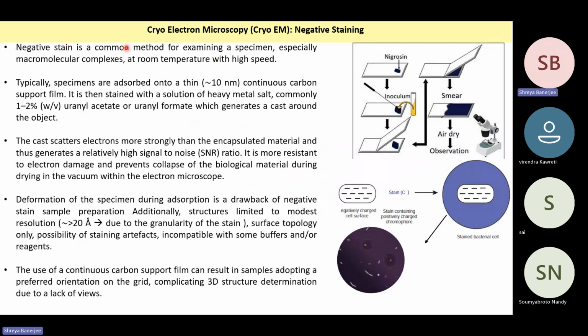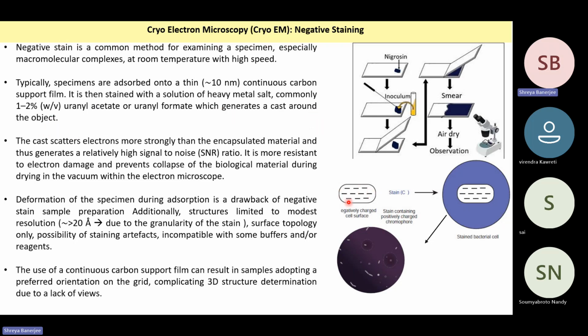So negative stain is a common method for examining a specimen, especially macromolecular complexes at room temperature with high speed. Typically, specimens are adsorbed onto a thin, around 10 nanometer continuous carbon support film. Then it is stained with a solution of heavy metal salt, commonly 1 to 2% uranyl acetate or uranyl formate, which generates a cast around the object.